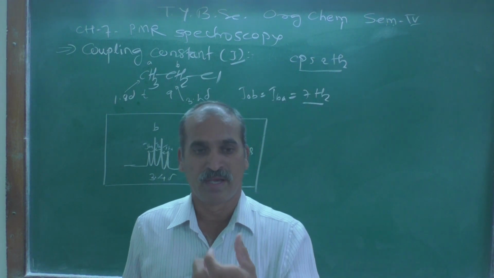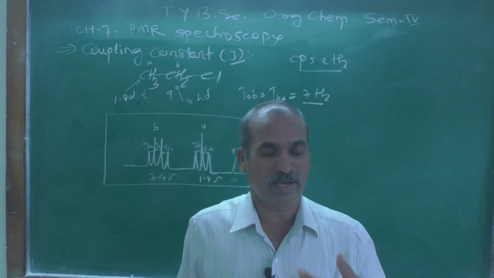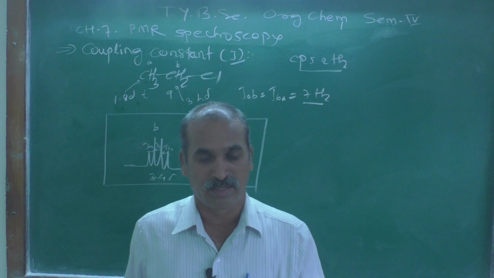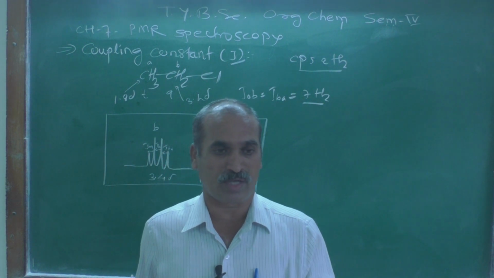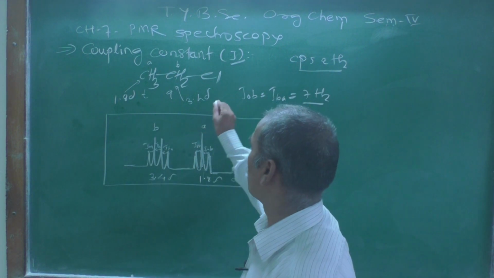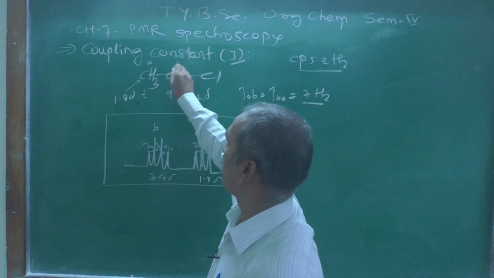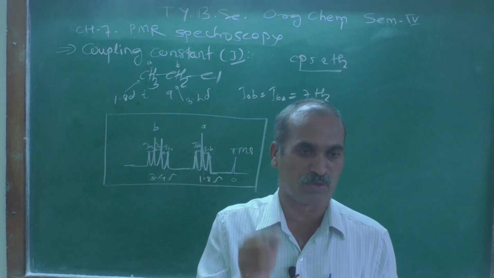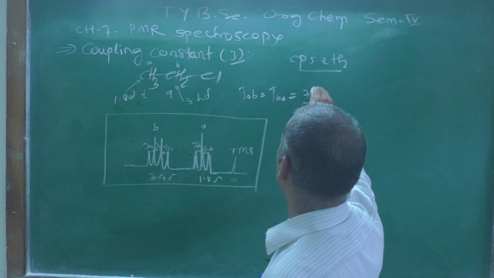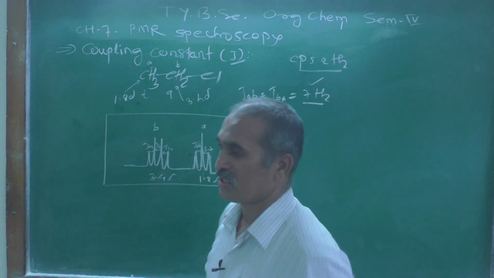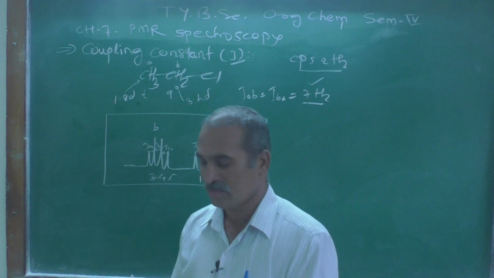Always remember, these are the terms I am repeating again and again because they are very important. Mutually coupled protons have the same coupling constant. Just now we have seen these are A and B, mutually coupled protons, and therefore their value is found to be 7, meaning JAB and JBA are the same.